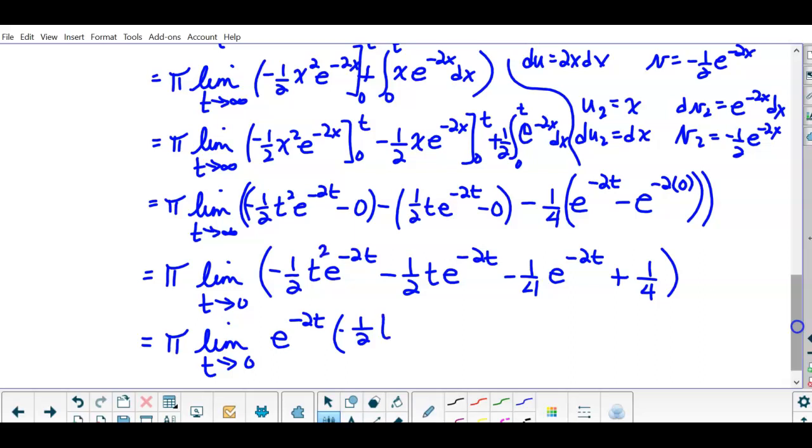It's e squared there. So I'll factor out a negative 1/2 at the beginning as well. So negative 1/2 e to the negative 2t, I'm going to factor out. So I'm left with t squared plus t plus 2 plus 1/2.